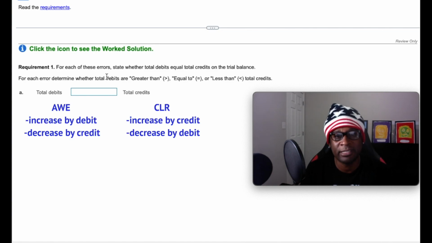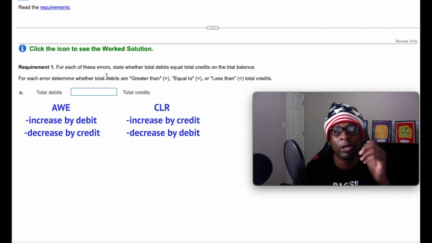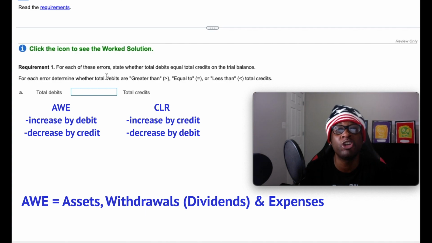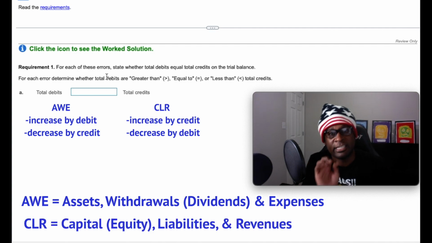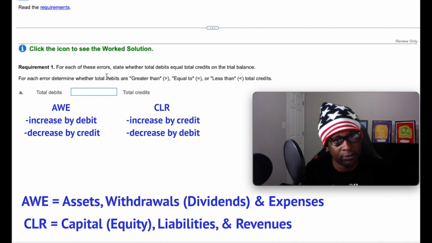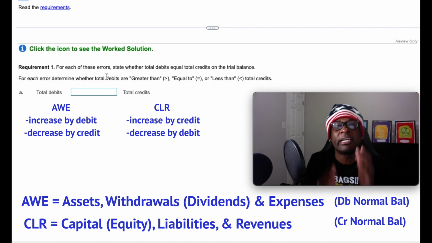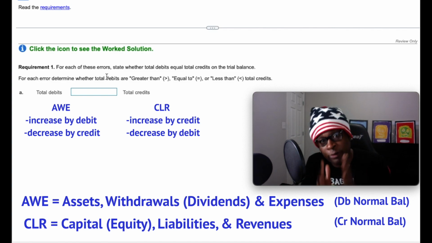The ALL CLEAR system tells us that any assets, withdrawals, which are also known as dividends, or expenses always increase on the debit side, which means that their normal balance is going to sit on the trial balance on the debit. In contrast, in the CLEAR group, we have capital, which is stockholders' equity, liabilities, and revenues. Any of those particular accounts, when it's time for them to increase, will sit on the credit side, which means that on the trial balance, that amount will be posted on the credit.